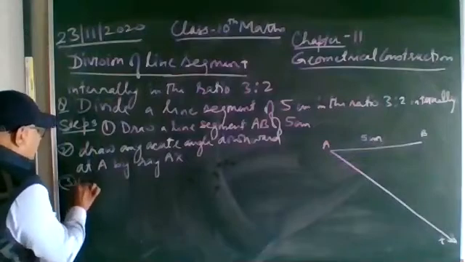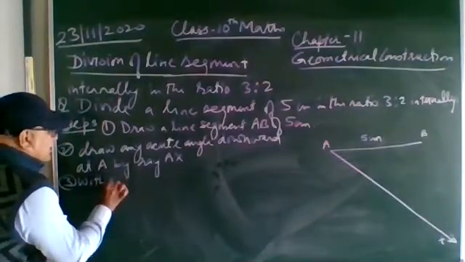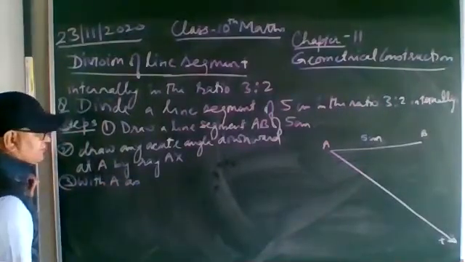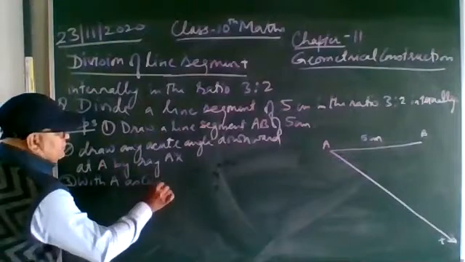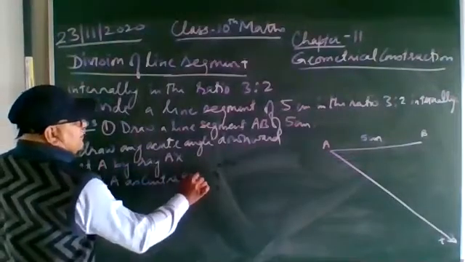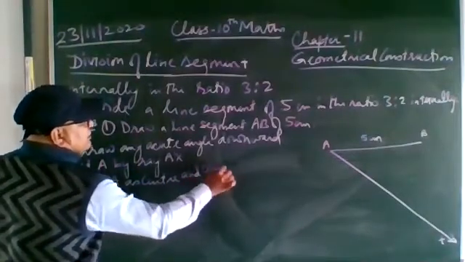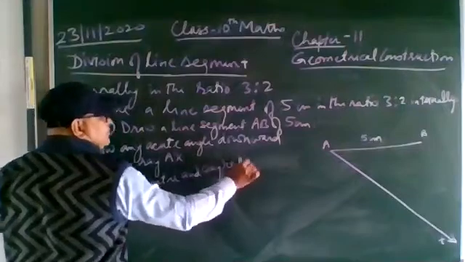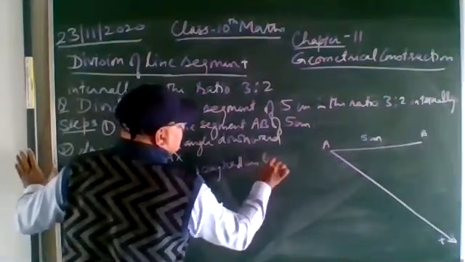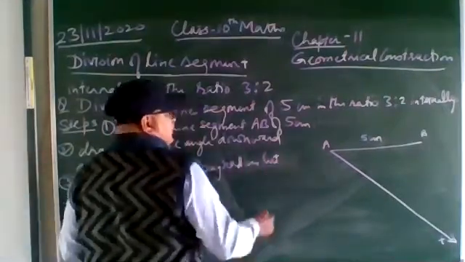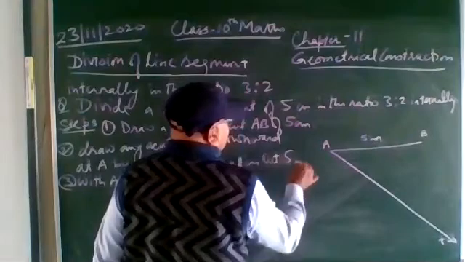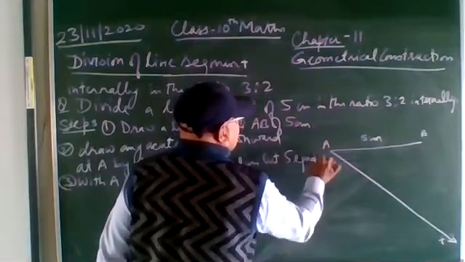Third, with A as center and any radius, cut 5 equal parts.